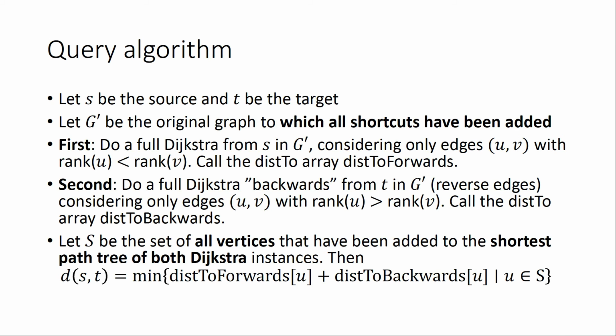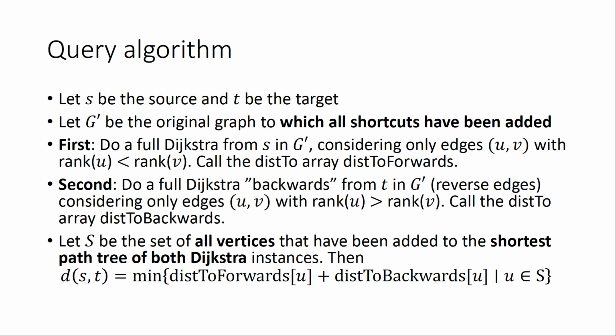What you do now is you make a full Dijkstra run from S. But there must now be one trick, because now the graph is much larger, and I say now do Dijkstra. Find all shortest paths from this node. And the trick is that you only consider edges that go up in rank. Yeah, this rank was the node ordering from the beginning. So you only consider an edge if it points to a node that was contracted later in the graph.